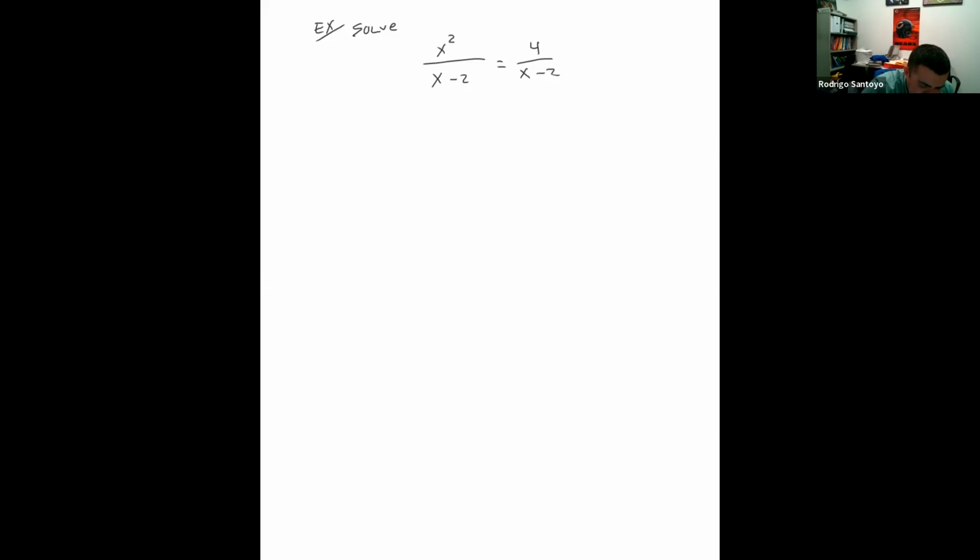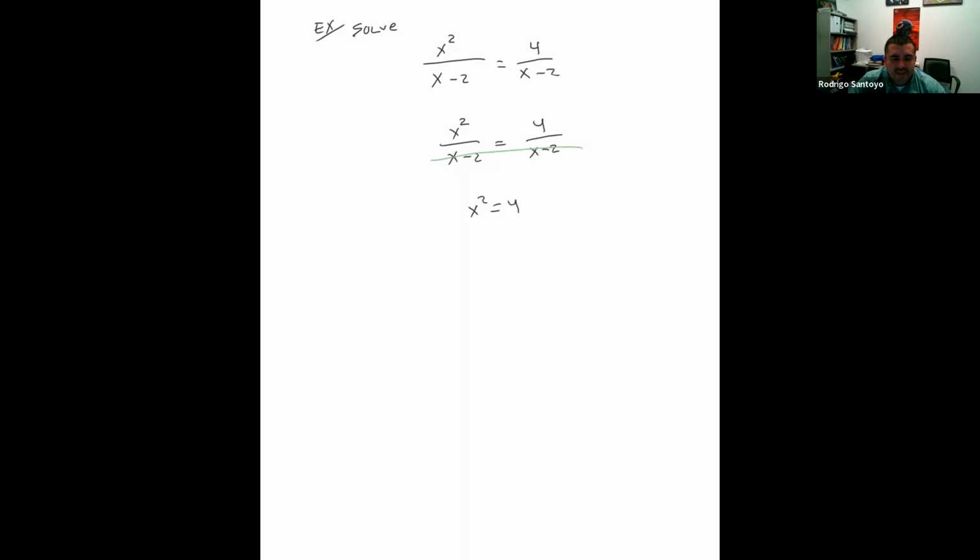Both of these denominators are already the same. So that's great. When they're the same, you can just cancel them out. Let me rewrite this. Remember the whole goal: we want the denominators to be the same. They're the same, cancel them. So we're just working with x squared equals 4. We should be able to solve this.